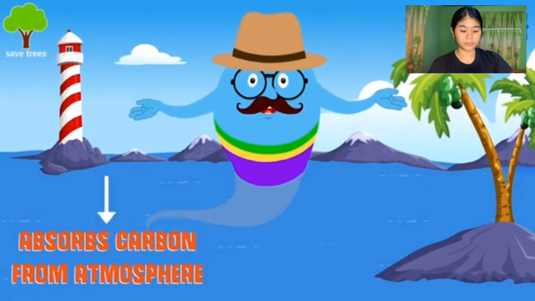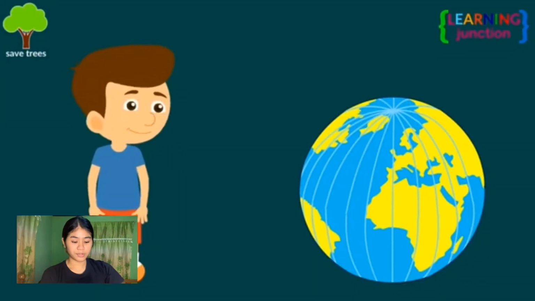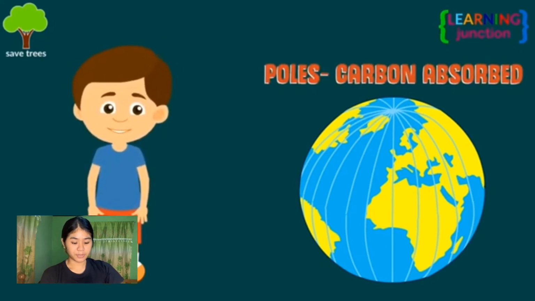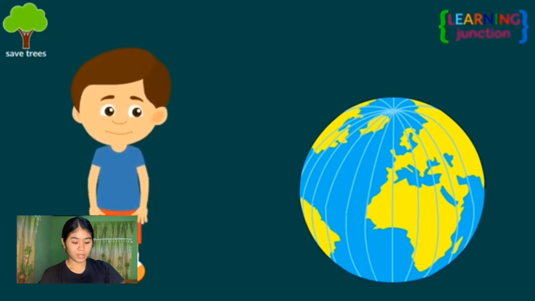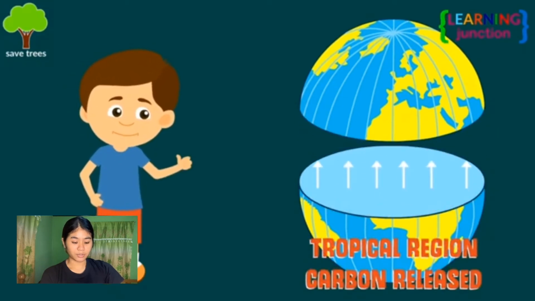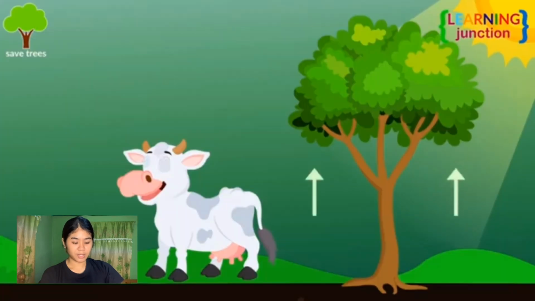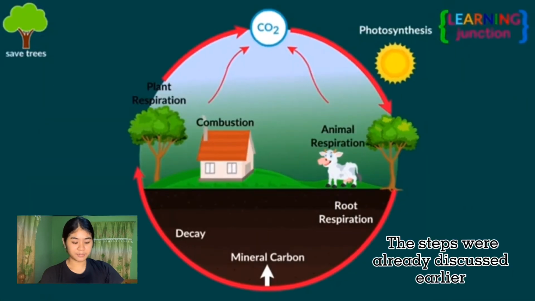Oceans exhibit dual behavior. When the surface water is cooler, near the poles, carbon is absorbed into the water. When the surface water is warm, near tropical regions, carbon is released into the atmosphere. From here, the plants will again absorb it for photosynthesis, and the cycle repeats.